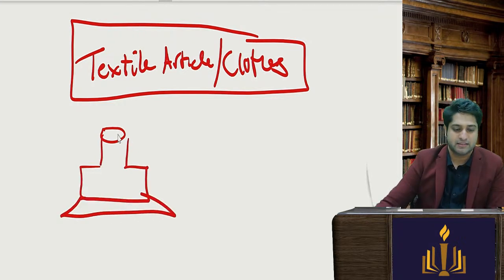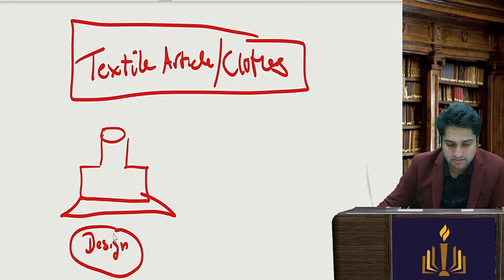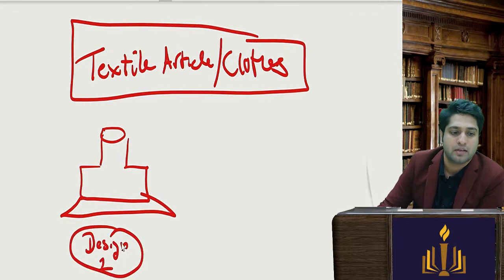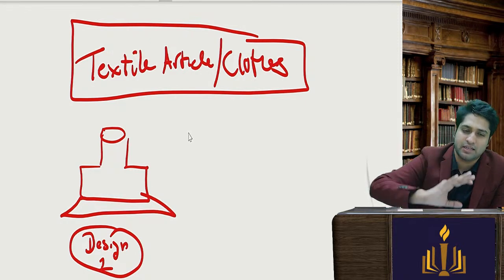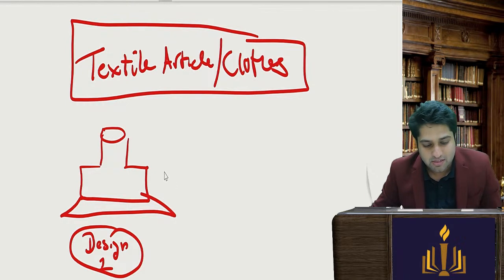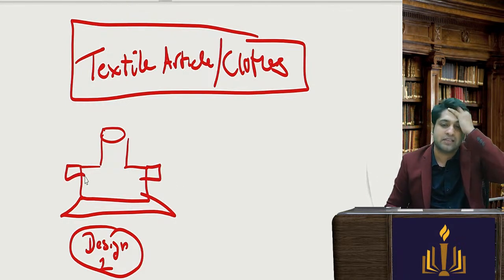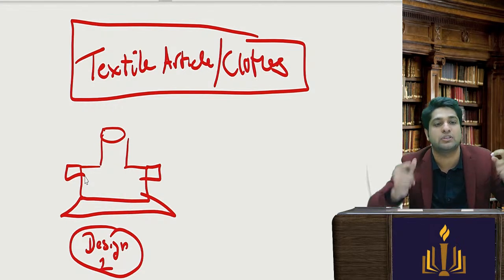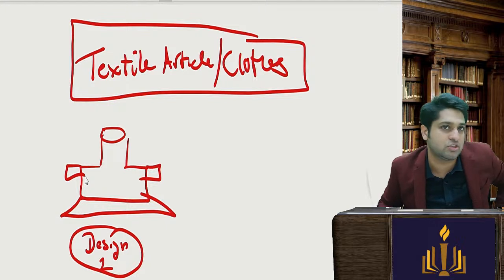Okay, this is a design one. Now this design, the designers all over India who are famous, celebrity designers, they know that their designs get copied really quickly. So before they publish it, they get it registered themselves.